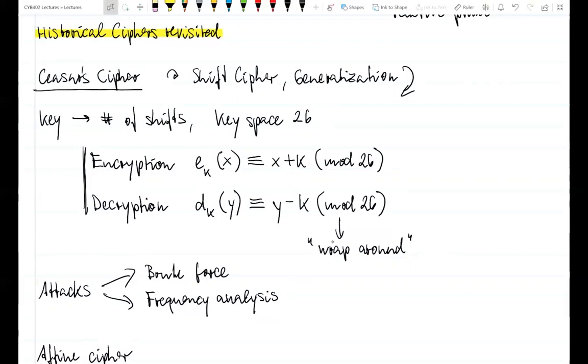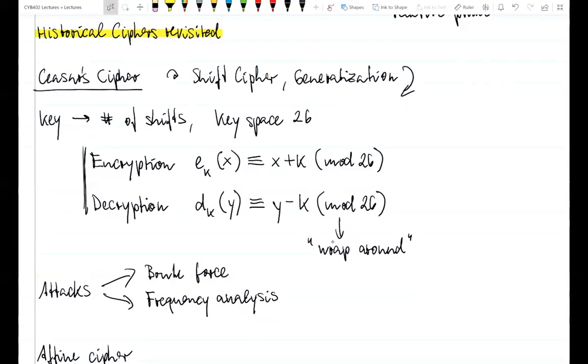And the secret key, if you want, is the number of shifts. So convince yourself that we have a key space of 26. Realistically, actually 25, because the identity shift is not very interesting because it doesn't encrypt anything.